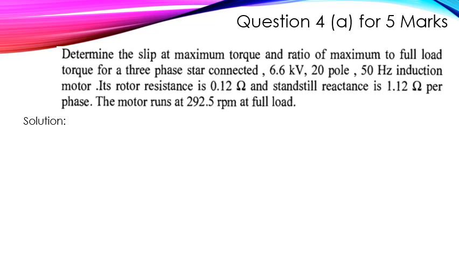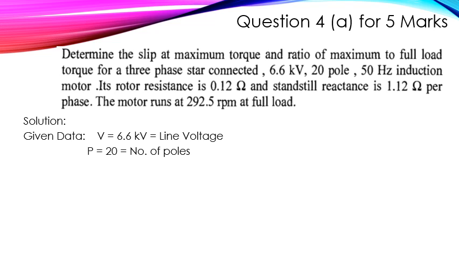First we'll see the given data. As per the question, the line voltage is 6.6 kilovolt, number of poles 20, then rotor resistance, that is why it is indicated as R2, and it is 0.12 ohm per phase.